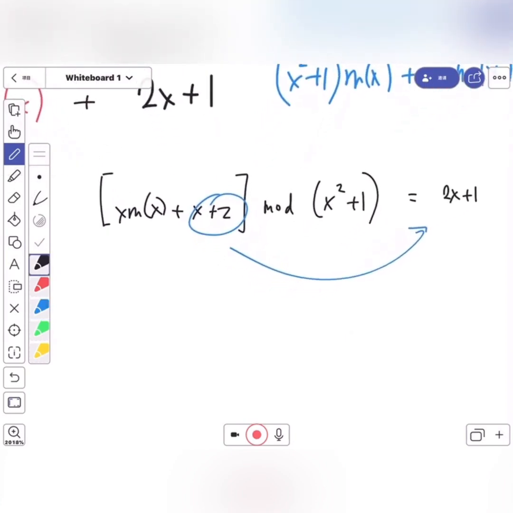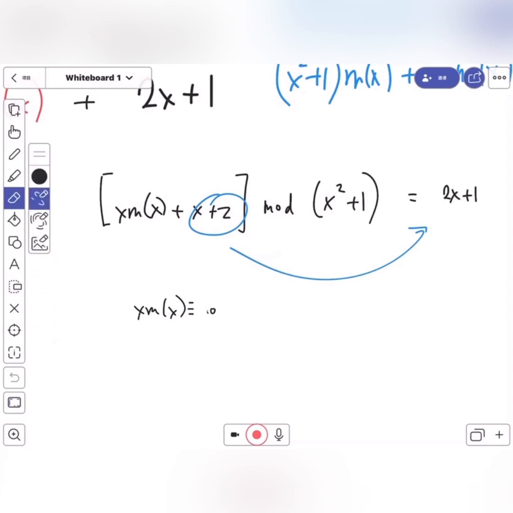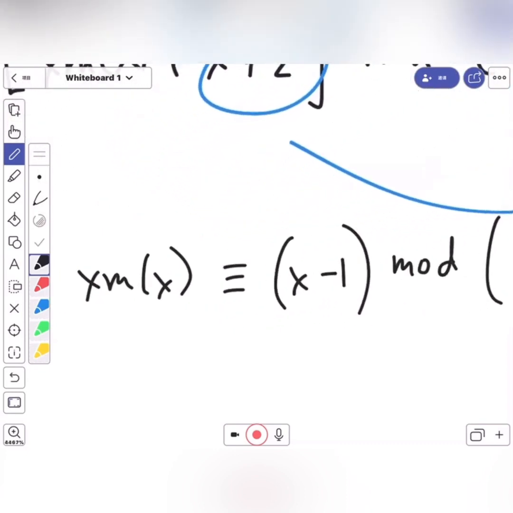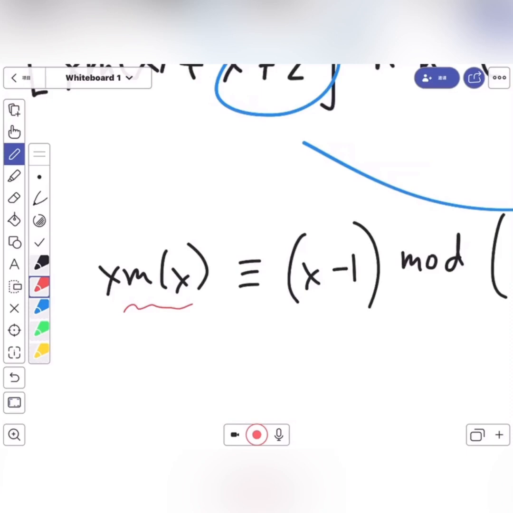Then we're just going to get x times m of x is congruent to x minus 1 mod x squared plus 1. Now, what's this thing going to be?